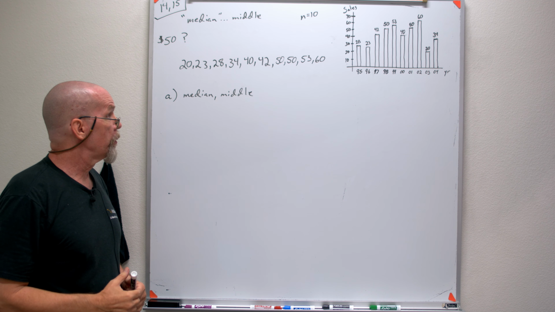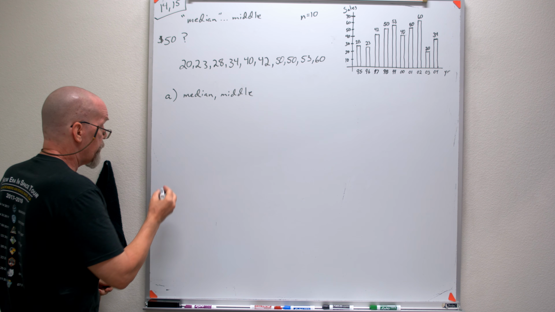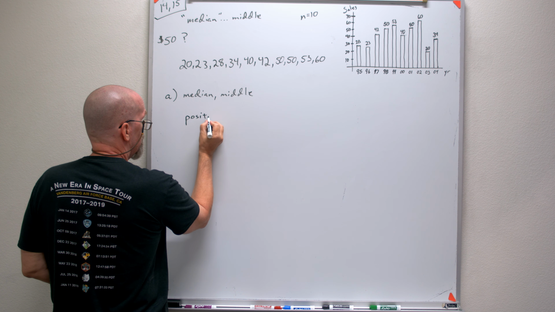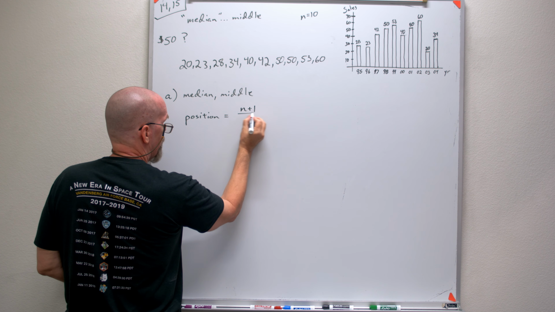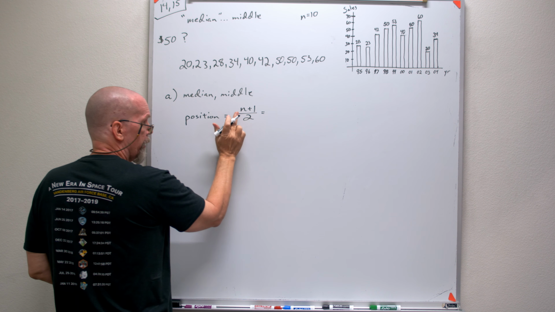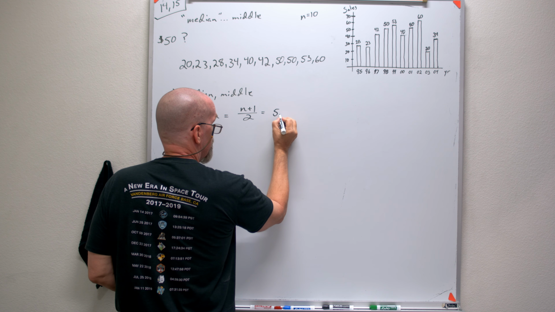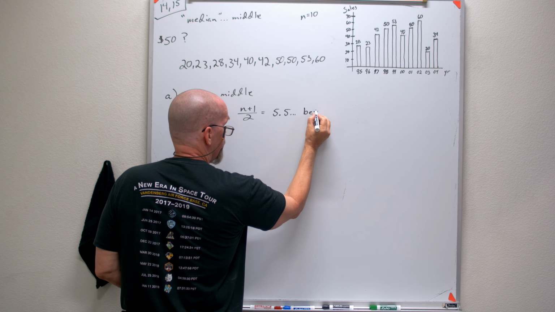So we're looking for the middle measurement out of 10 ranked ones. And just like in the previous question, if I'm getting the position, that position is going to be n plus 1 divided by 2. N is 10, so 10 plus 1, 11 divided by 2 is 5.5. So we are going to be between the 5th and the 6th.